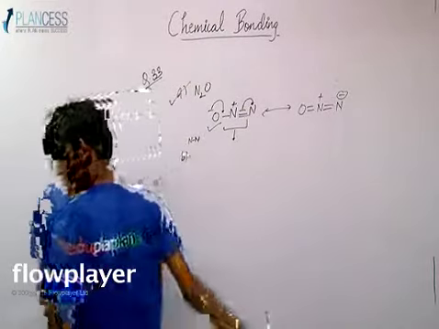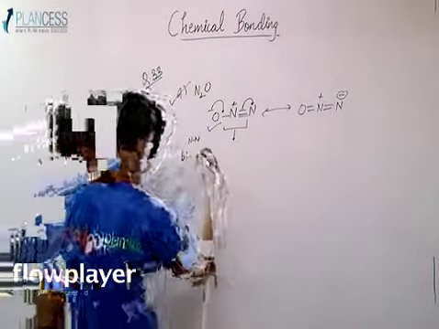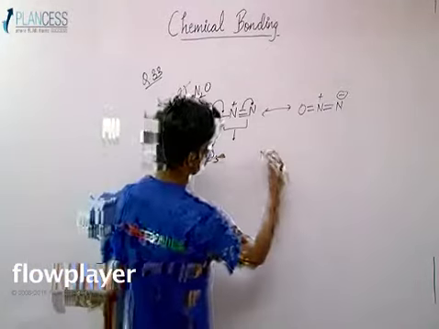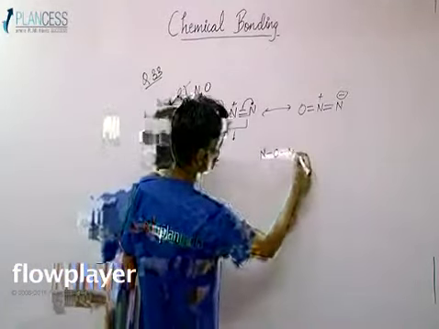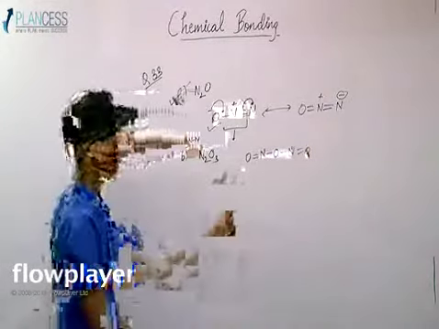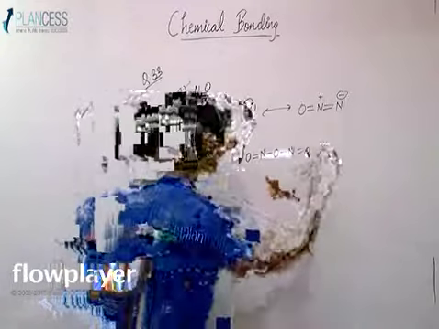Option B is N2O3. Generally, if you are asked about N2O3, you will draw something like N double bond O, which doesn't have the NN bond. However, this structure is not correct. It is an exception.